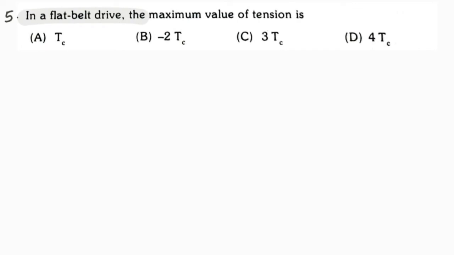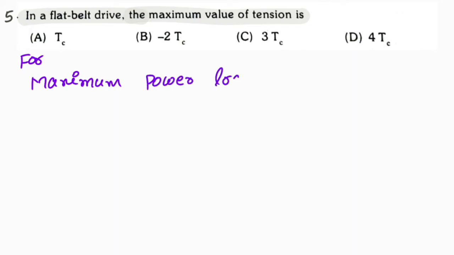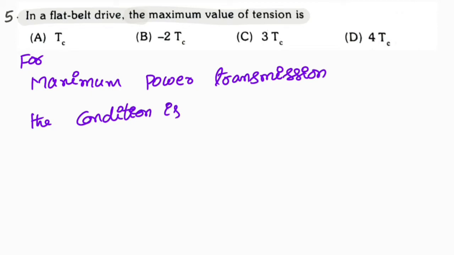In a flat belt drive, the maximum value of tension is... Dear friends, the condition for maximum power transmission is the centrifugal tension Tc equal to T max by 3.